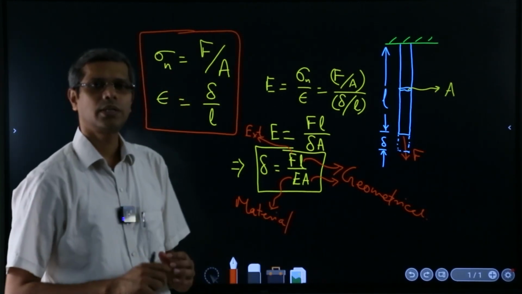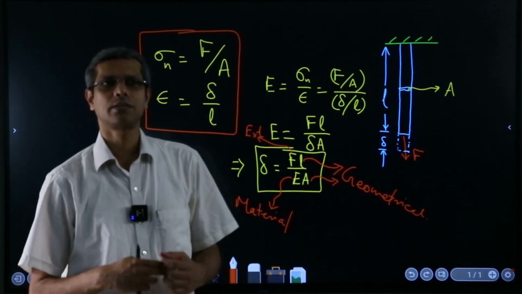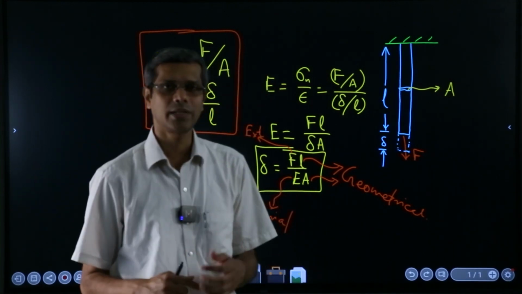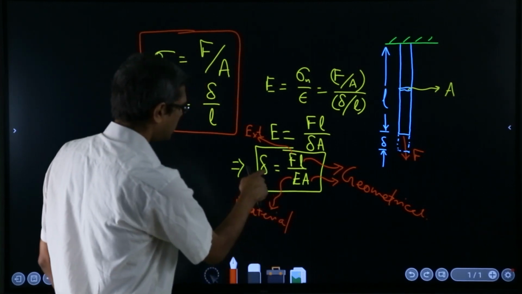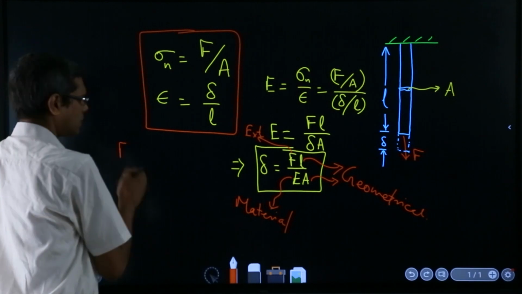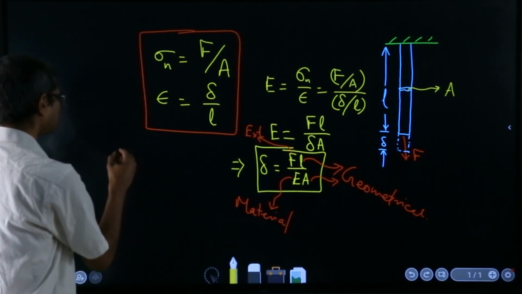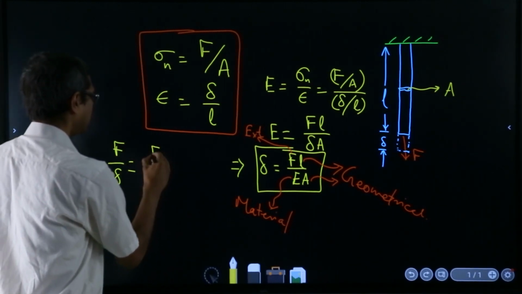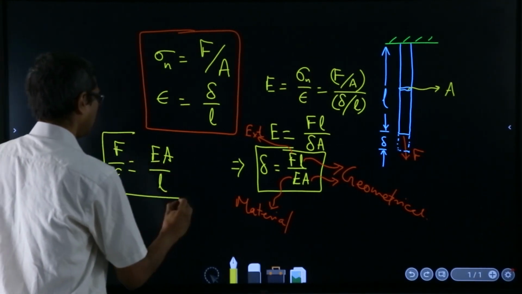So the elongation which is caused is a function of three kinds of things: one is the external factor, the load, then the geometry, and the material property. And sometimes this is written in a way like this: F over delta equals E A over L, right?